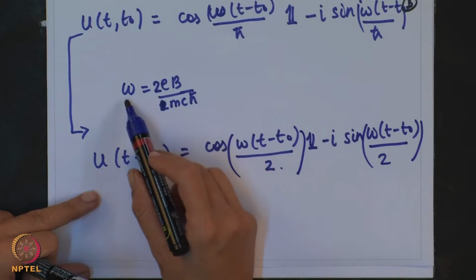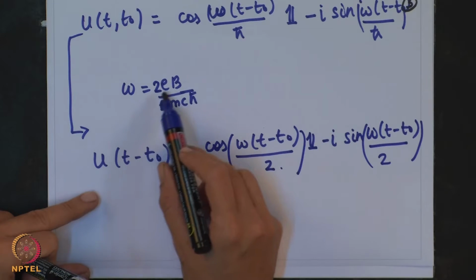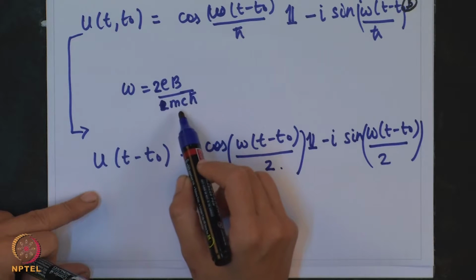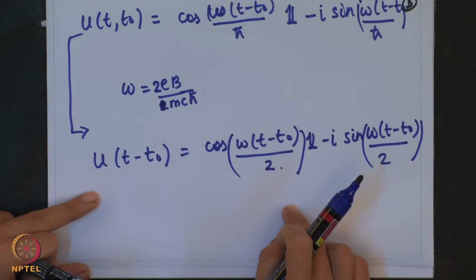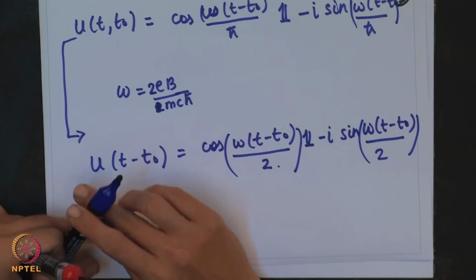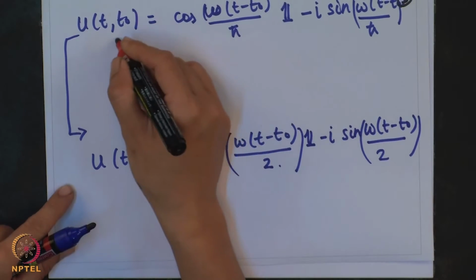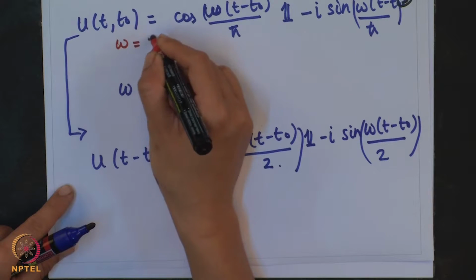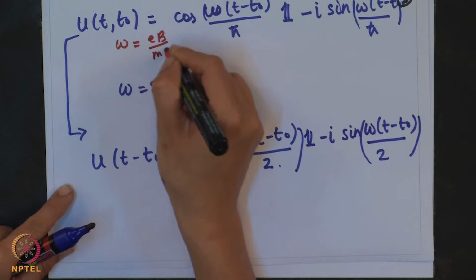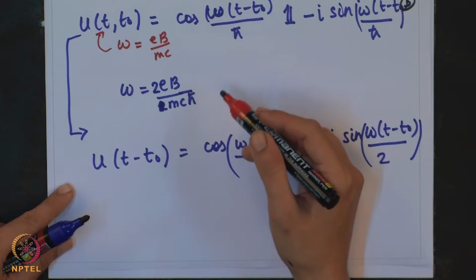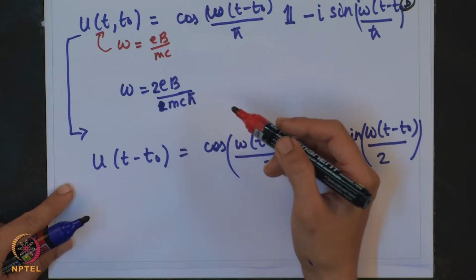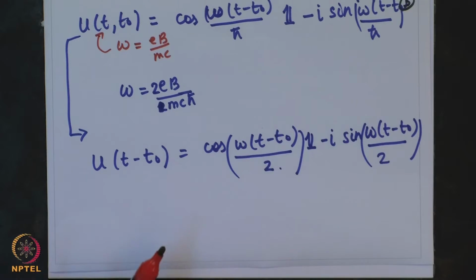So, if we start by writing omega as eB upon 2mc h cross, then we obtain this result. However, we had started by writing omega as eB upon mc, so you obtain this result. It is just the way you define omega, we will get the same result.